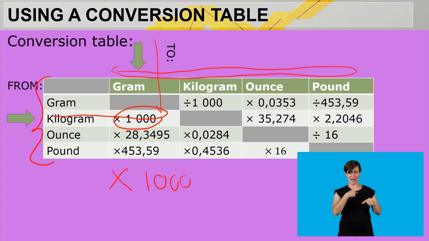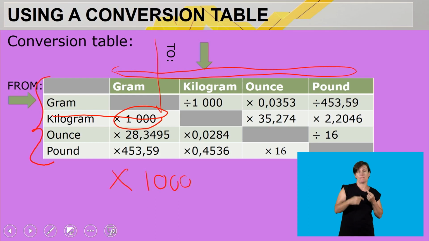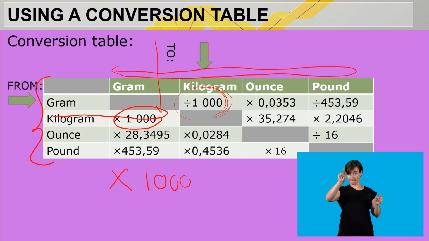I looked at the kilograms, and there where it crosses grams, I got my conversion factor, and I know I need to times by 1,000. Again, from grams to kilograms, I am at grams. I continue to kilograms, there where it crosses. Then I'll see I will divide by 1,000 when I go from grams to kilograms.